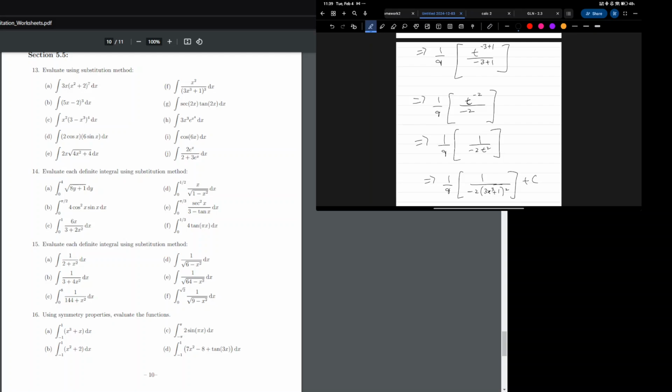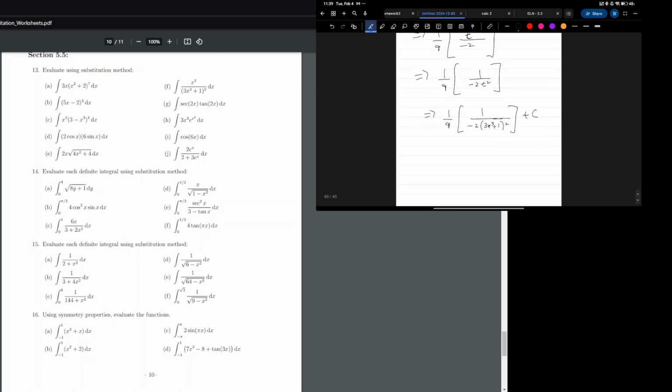Okay, we are doing question 13G. Let's continue. So 13G is secant of 2x and tangent of 2x dx.